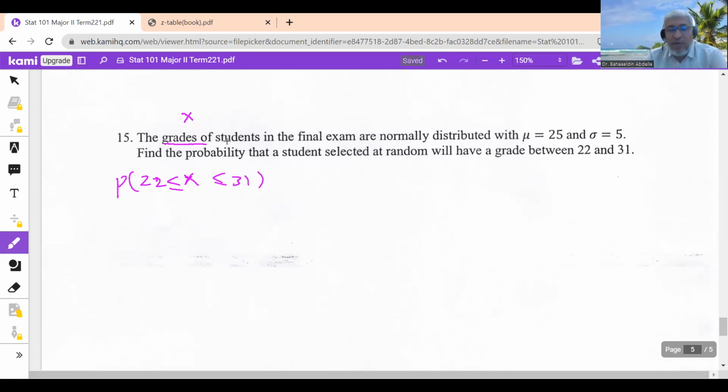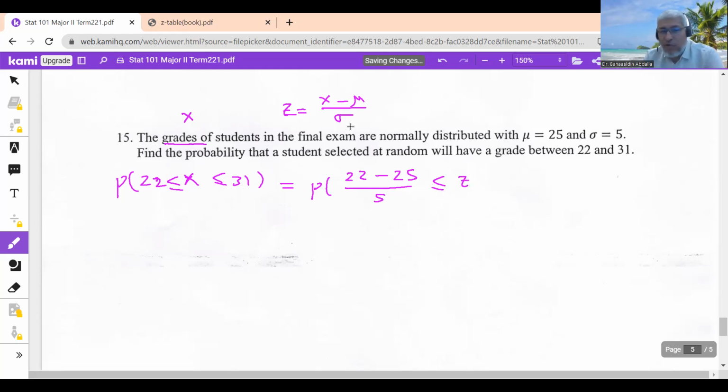To find it, we change to z, where z is x minus mu over sigma. So it would be 22 minus 25, which is mu, over sigma, which is 5, less than or equal to z, less than or equal to 31 minus 25 over 5.